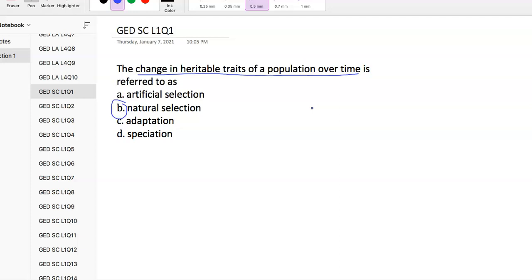It's a key mechanism of evolution, so you need to be connecting natural selection and evolution together. We're basically saying that certain traits are advantageous, and those that have the advantageous trait will reproduce more often. Therefore, future generations will have more individuals with that trait. That's what natural selection is saying.